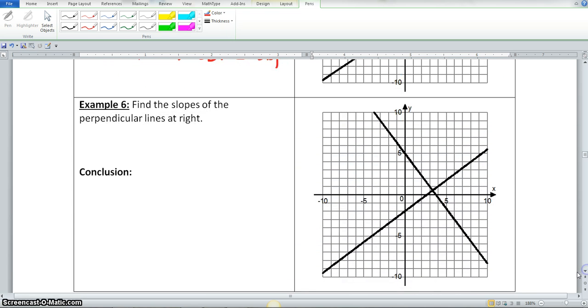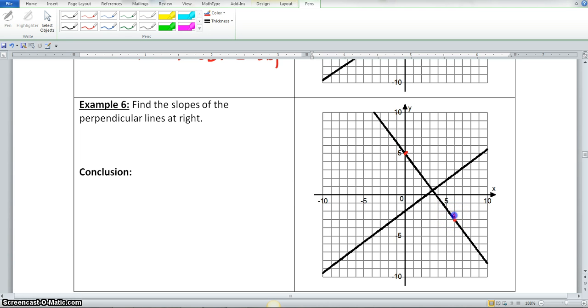Okay, example 6. It says find the slopes of the perpendicular lines at right. So we still need to find 2 exact points on the line. We have 1 exact point here, and we have another exact point here. So now we could do our rise over run. So we could rise.